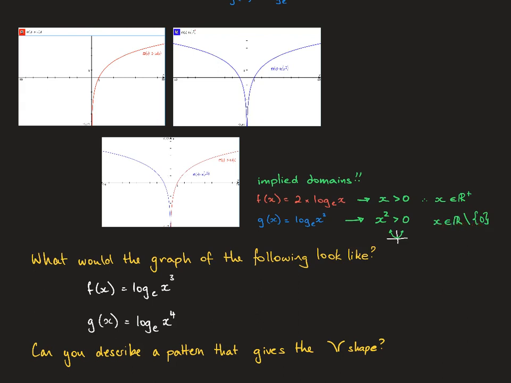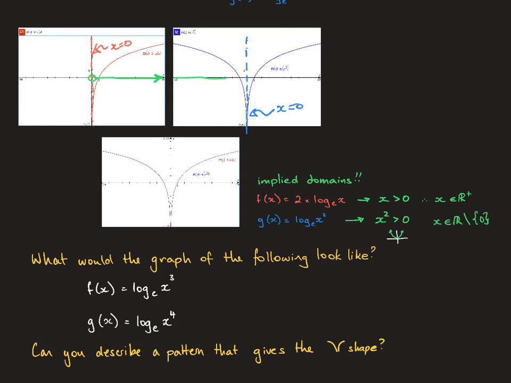And you can see on this graph up here that what we actually have is an asymptote running straight down the centre at x equal to 0. Whereas for our log to the base e of x, we have an asymptote at x equal to 0, but our implied domain for this one is x greater than 0.